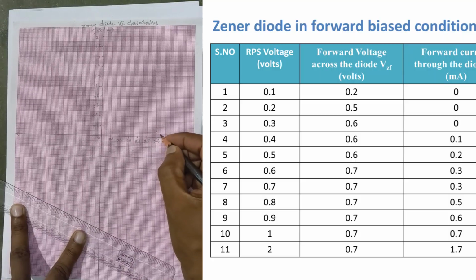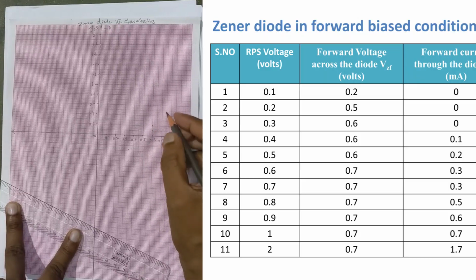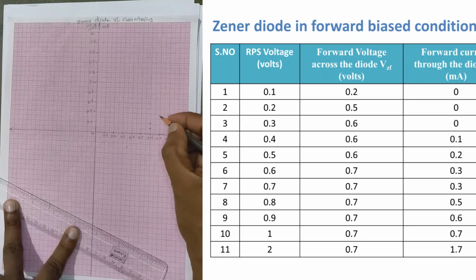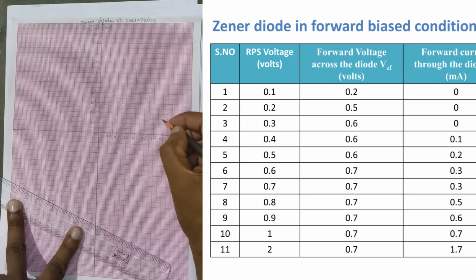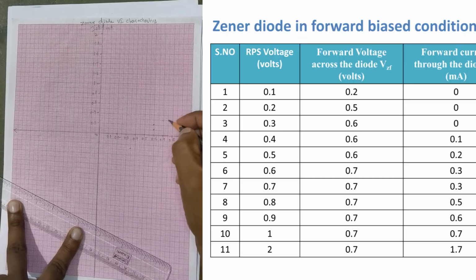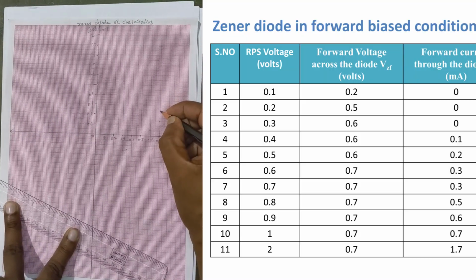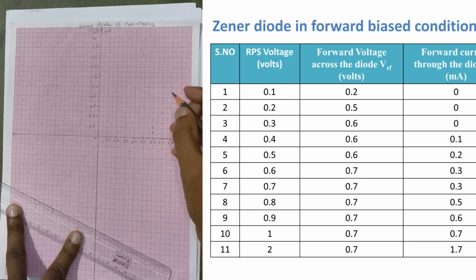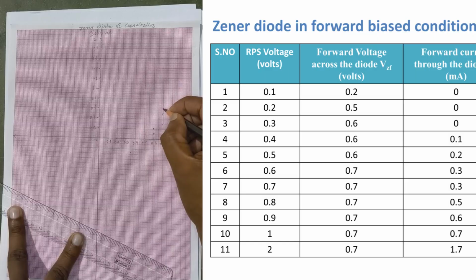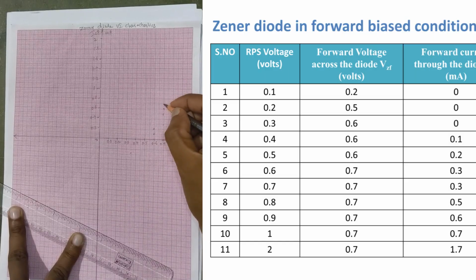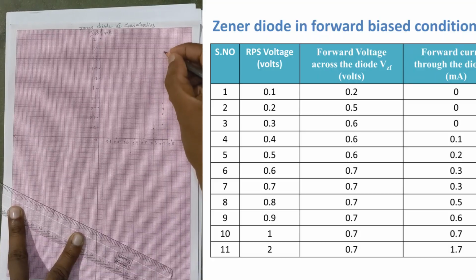At 0.6 the current is 0.2, at 0.7 the current is 0.3, then 0.5, then 0.6, then 0.7, and at 0.7 it is 1.7.